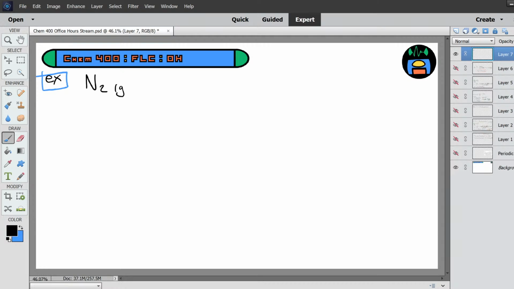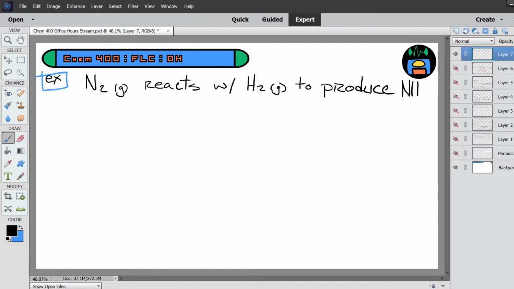Nitrogen gas reacts with hydrogen gas to produce ammonia vapor, which is NH3 as a gas.